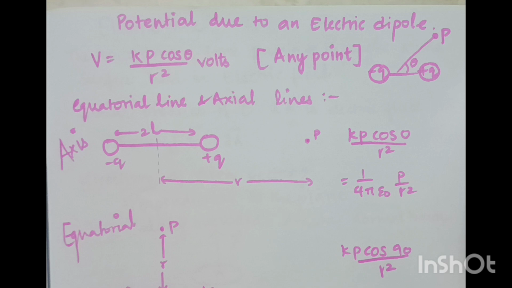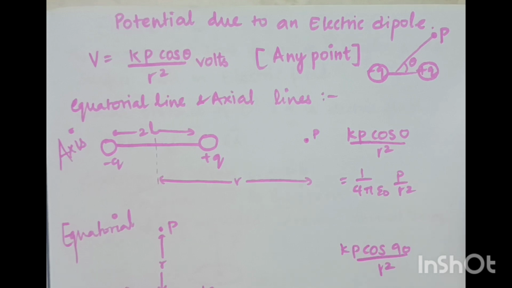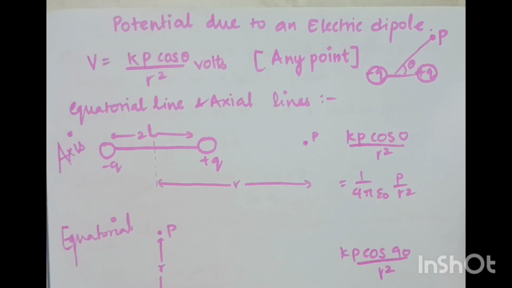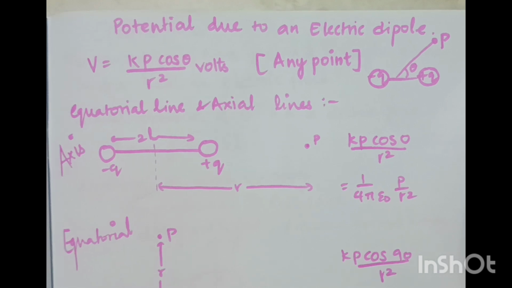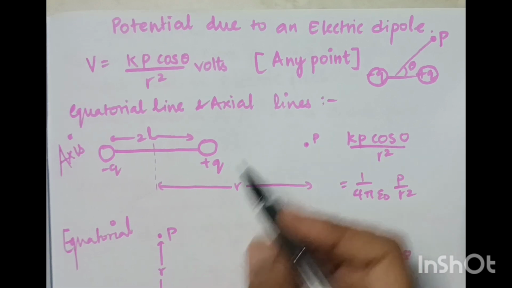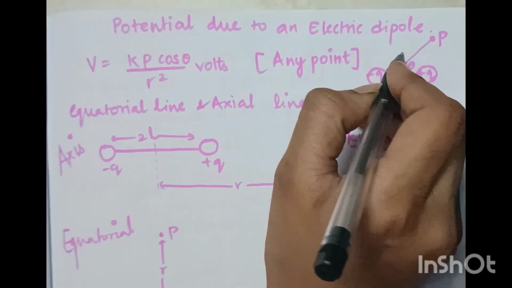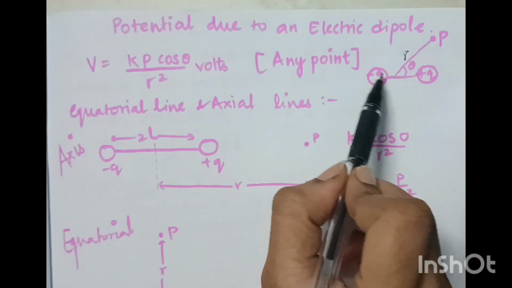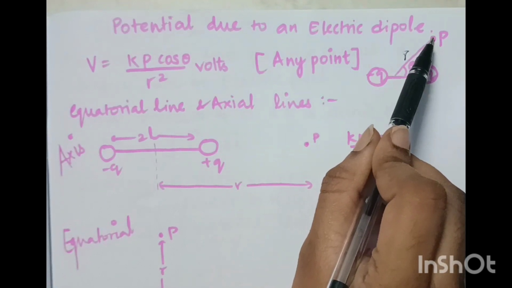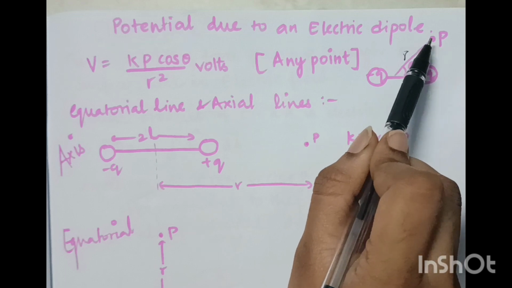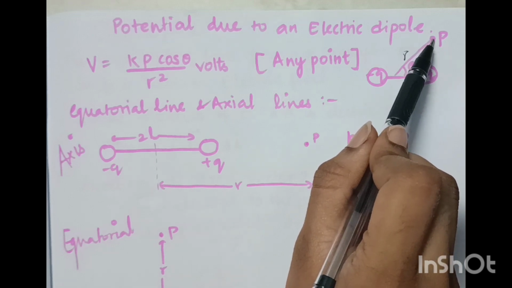Potential due to an electric dipole. Previously we have seen the potential due to a point charge. The formula is kq by r. Now we are going to see the potential due to an electric dipole. Here we have to take the inclination of r into account. So what is r? Suppose this is the dipole and this is the point P where we have to find the electric potential.